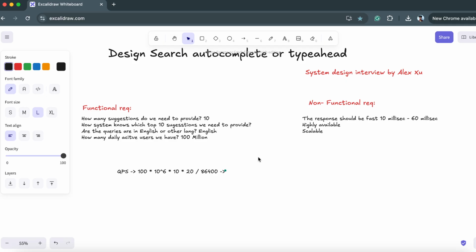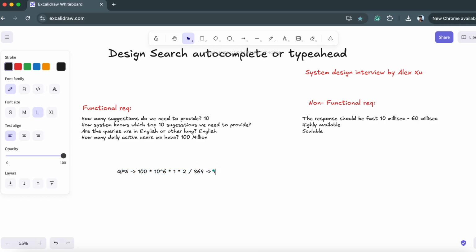Now when we perform the operations here, this zero, this zero, and these two zeros get cancelled out, and when I divide 2 and 100, it is 200 divided by 864, which averages to about 4. So it is 10 to the power of 6 divided by 4.